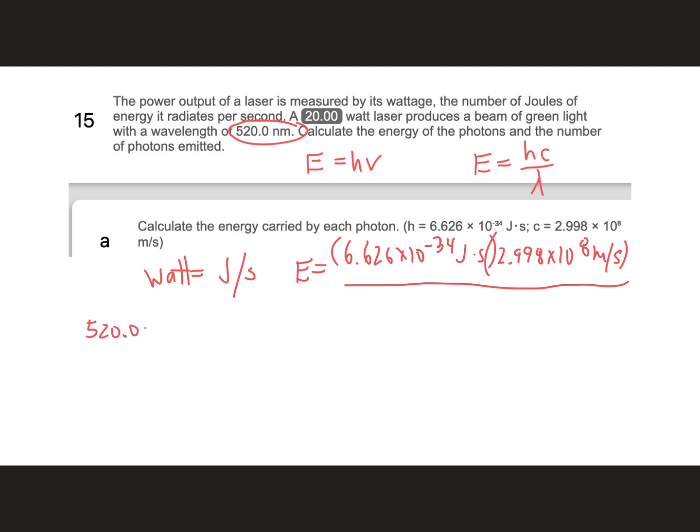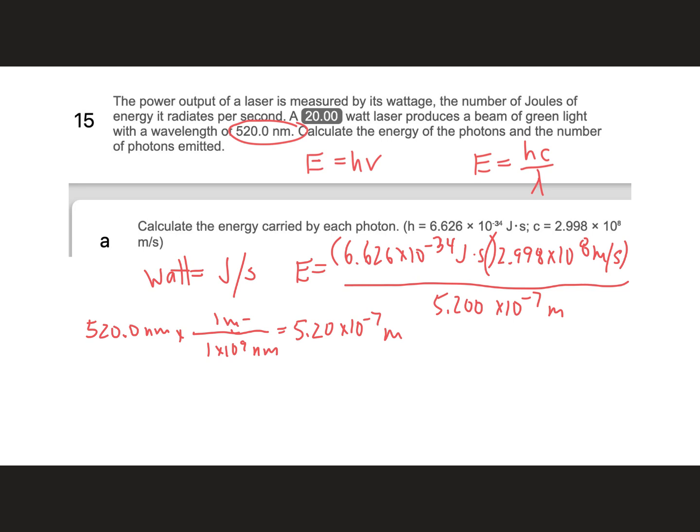I guess we should have started by converting that into meters. We know 1 times 10 to the 9 nanometers is 1 meter, so our wavelength is 5.200 times 10 to the minus 7 meters.